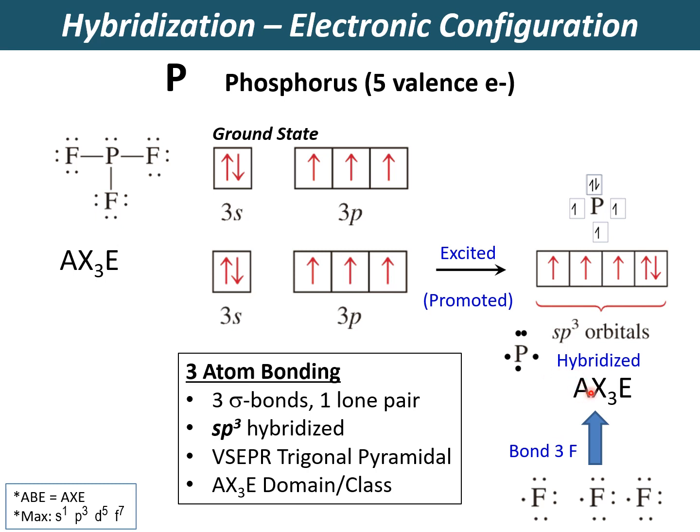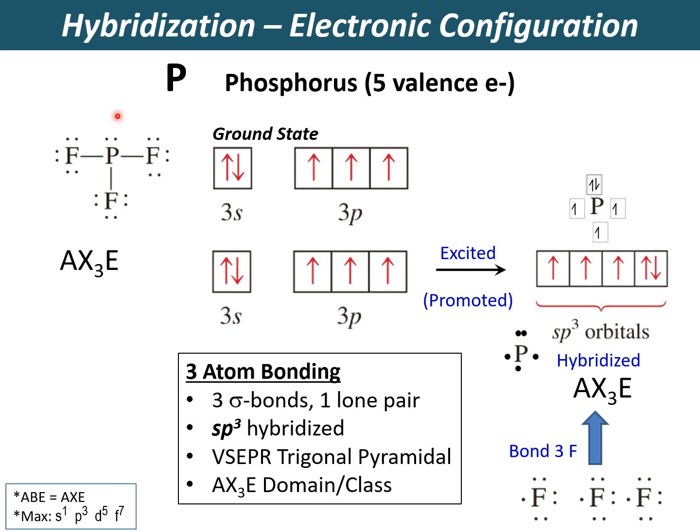And if we write the domain, that's going to be an AX3E. Why? A is the central atom. X are the attached groups around the central atom. And when we talk about attached groups, we're talking about those that are bonded. And there would be 3 if we bonded it in the fashion shown here. Just to show you, this would be 1, 2, 3 bonded. And E would be the electrons shown here. That is not just electrons, but the lone pair electrons. So let me correct that. It's not just electrons.